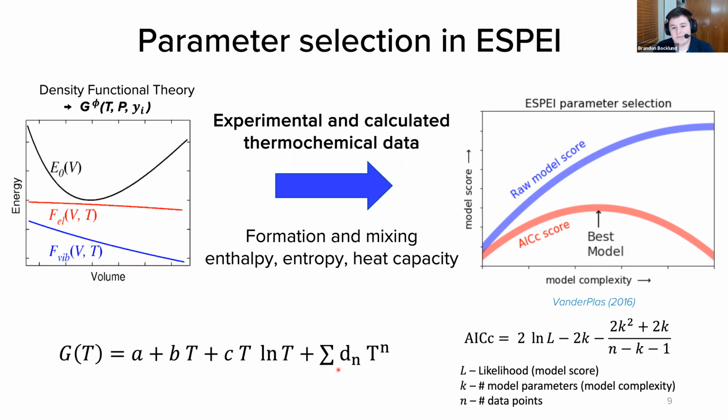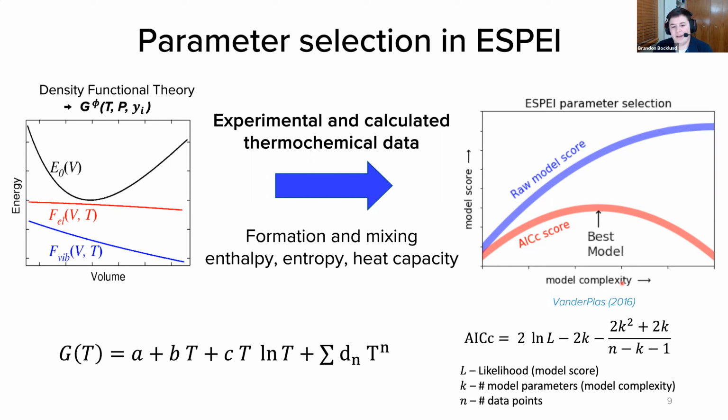And as most of us intuitively know, as we increase the number of parameters that we include in our model, we'll get better and better fits. That's illustrated here on the raw model score in this figure, where we're plotting the score, which is the goodness of fit, versus the complexity, which is the number of parameters. Again, intuitively, increasing the model complexity or the number of parameters can arbitrarily increase your model score until you are perfectly fitting the data.